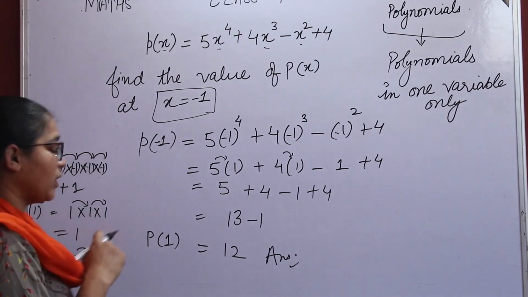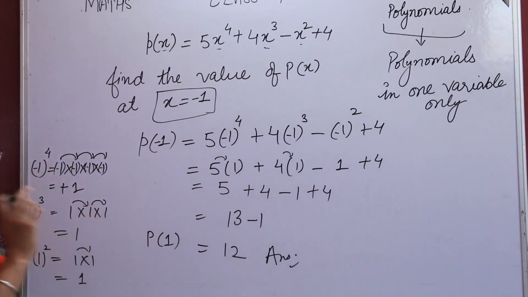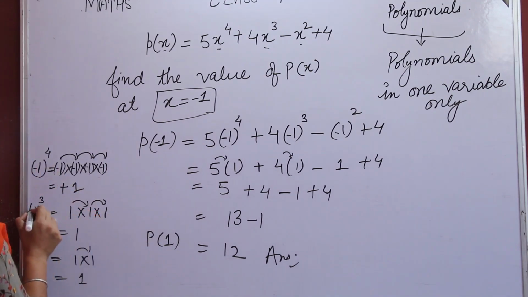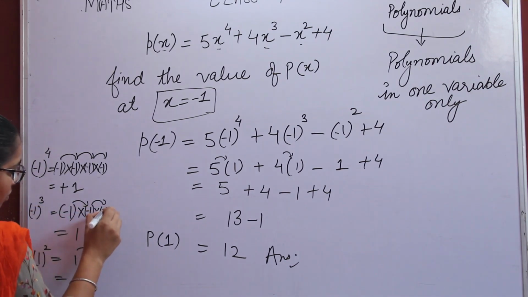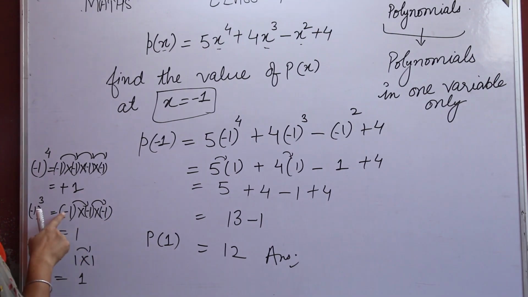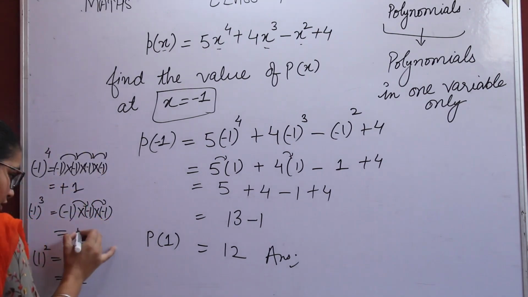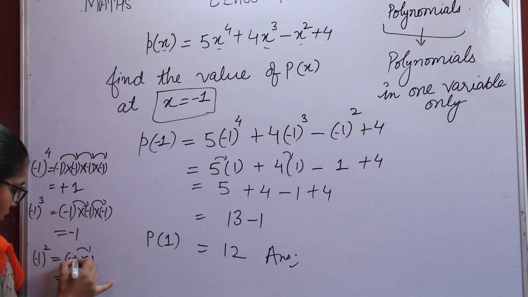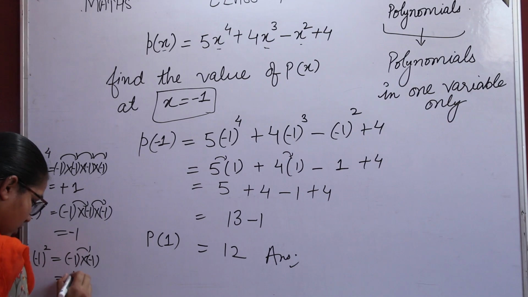If the count of minus signs is even, then the plus sign will occur, and if the count is odd, then the minus sign will occur. So now over here, minus 1, minus 1, minus 1. How many times is minus there? 1, 2, 3. The number of times is odd, so minus will occur. Okay, next minus 1 two times. So it would be 1, 1, 2 times minus, so it would be plus.